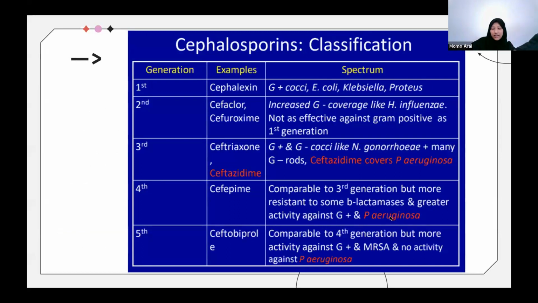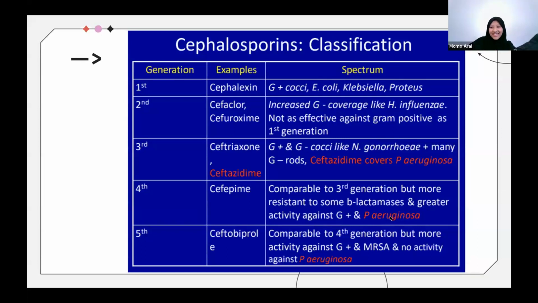Ceftazidime, the way I used to remember it was by the dime, right? It is used to treat Pseudomonas, even though it's third generation. The fourth generation drug is cefepime. But the fifth one, you see it's in red, but it has no activity against Pseudomonas.